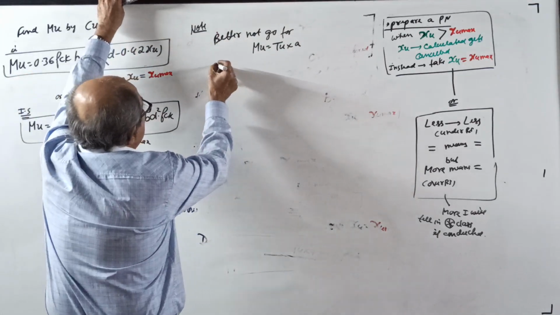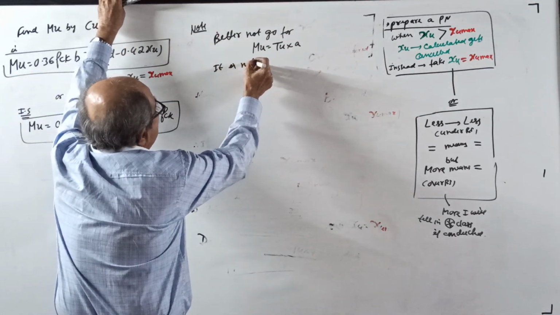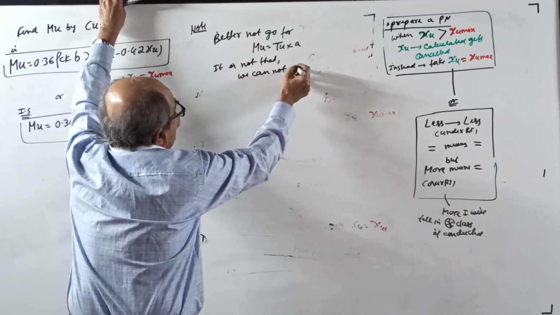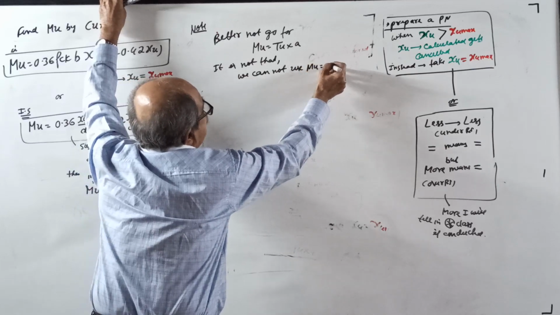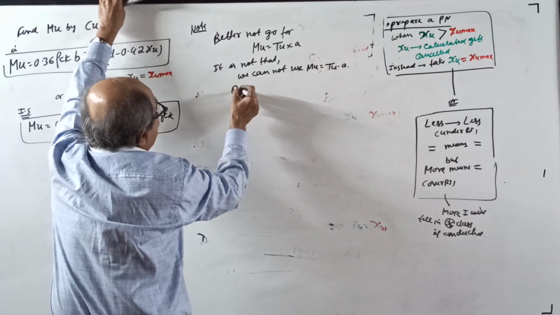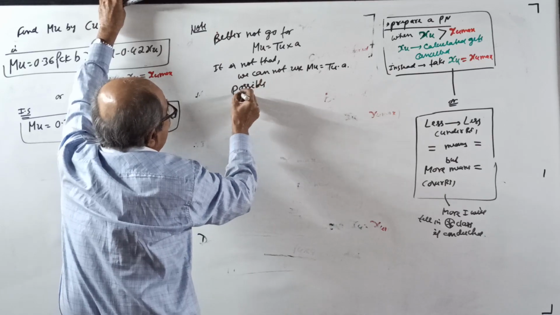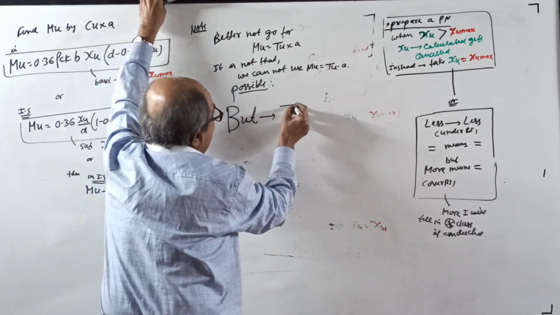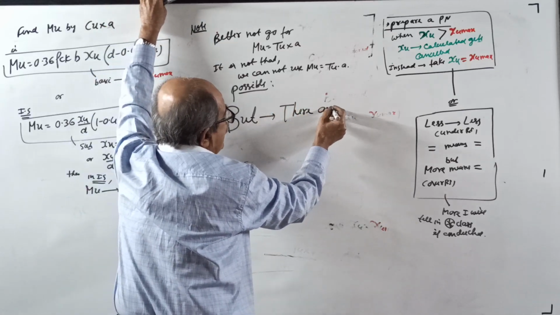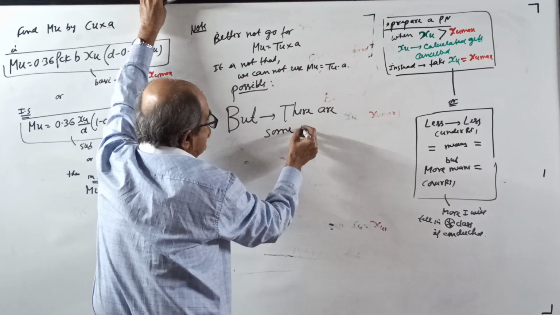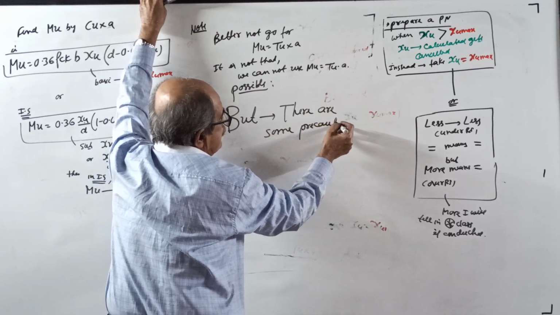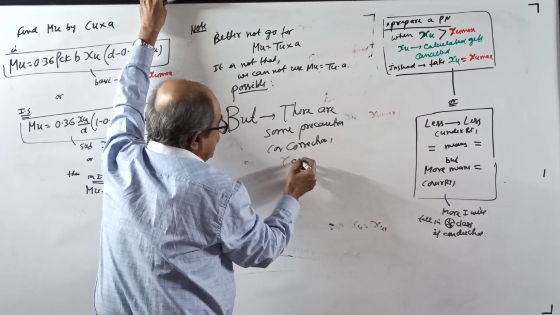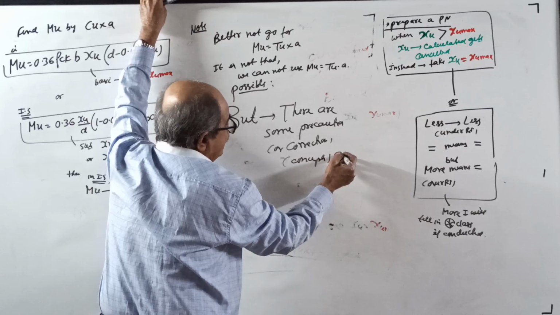Now, it is not that we cannot use MU equal to TU into A. It is possible, but there are some precautions or corrections or concepts.